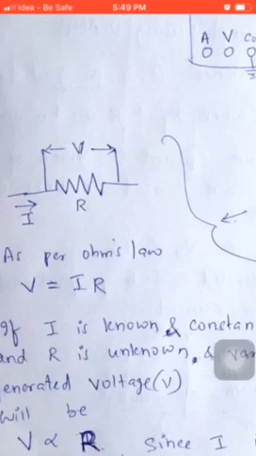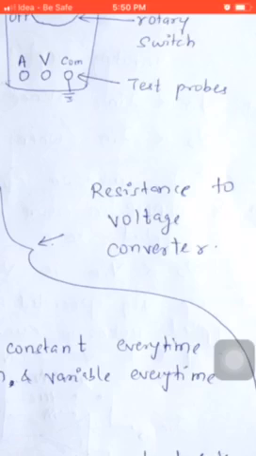So V is directly proportional to R, which means even if I do not know the value of the resistance R, it is possible for me to find out the value of that resistance. It is possible for me to convert that value of resistance into an equivalent amount of voltage, and hence this resistor is itself called a resistance to voltage converter.